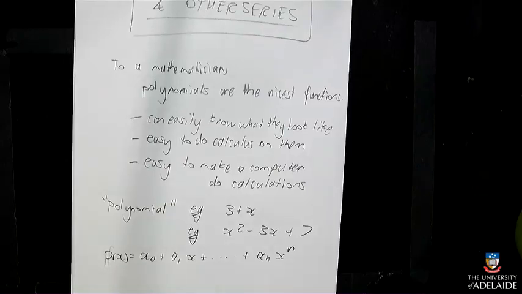There are some famous functions like sine and cosine and exponentials and logarithms that are very useful but are not polynomials. And so what we're going to attempt to do is to write those other functions as if they were polynomials.